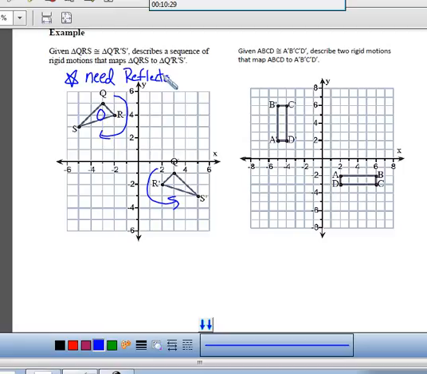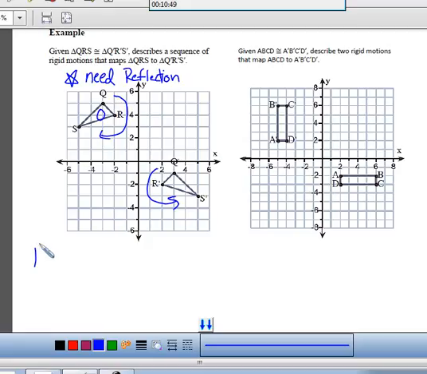Now, if the orientation is the same, that means there's either no reflection or there's two reflections. But in this case, we know for a fact that there's going to be a reflection for it to be changed.